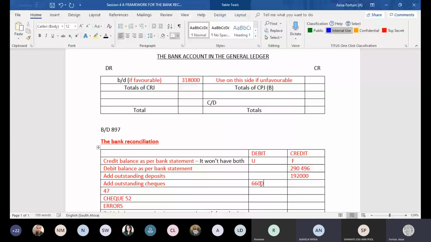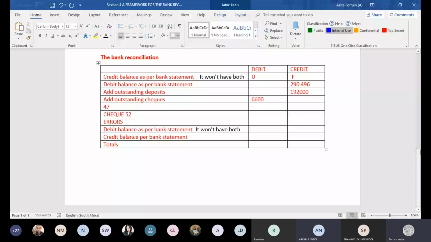And then on the additional information, we have check 387 dated 20 December, which was issued to Legal Publishers for law books. This check appeared on the bank reconciliation for 31 May.